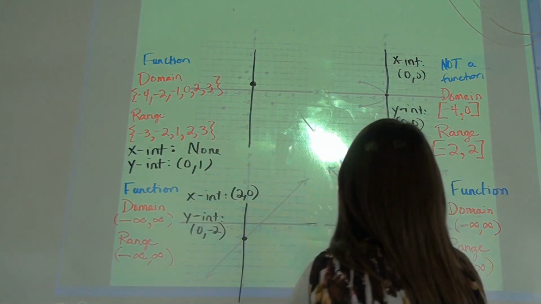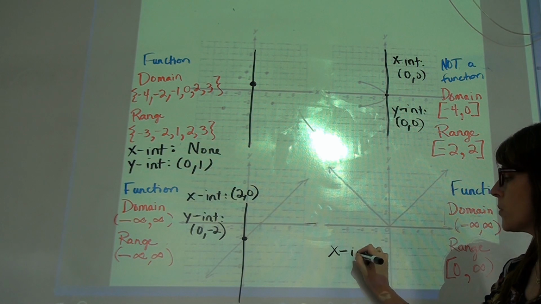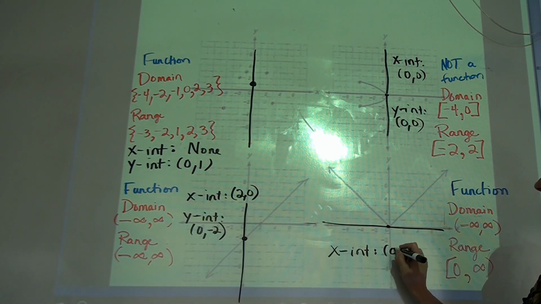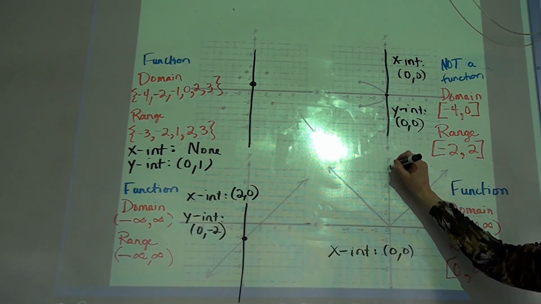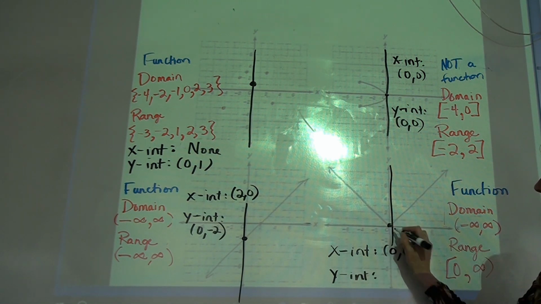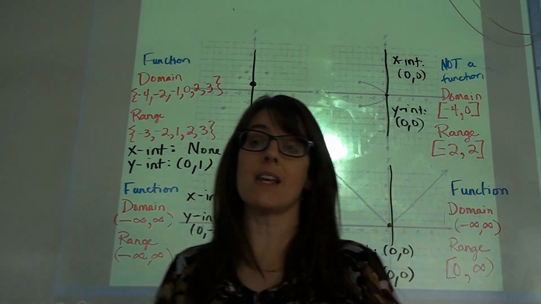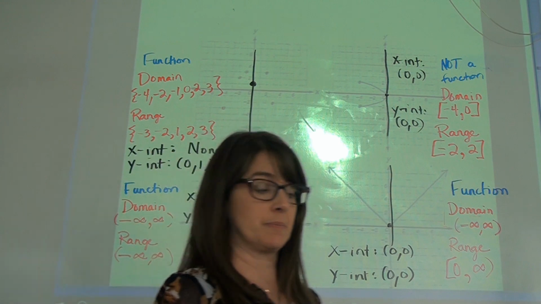So now on the last one over here, let's identify again the x and y intercepts. X-intercept is where it crosses the x-axis. Here's my x-axis, crosses right there at 0, 0. And now for my y-intercept, crossing this y-axis, and it crosses right here again at 0, 0. And like I said before, it's okay to have the same point to be your x and y intercepts.